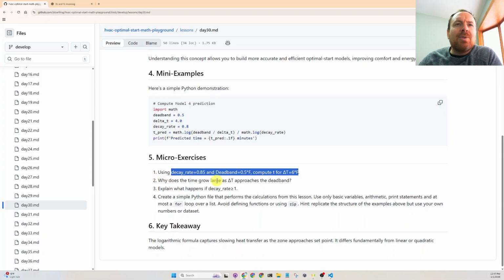Why does the time grow large as delta T approaches deadband? I think that's the whole point of this algorithm, like the paper, which we talked about at the very beginning of this.